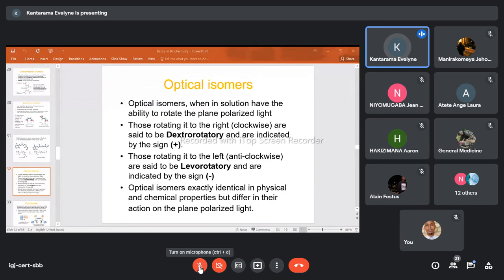On the detector, the light will turn left or right.